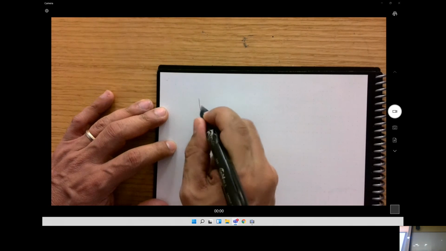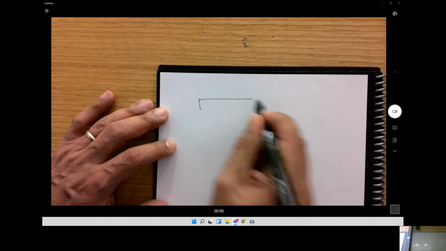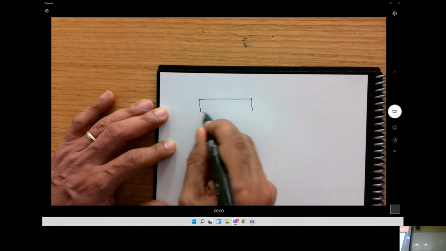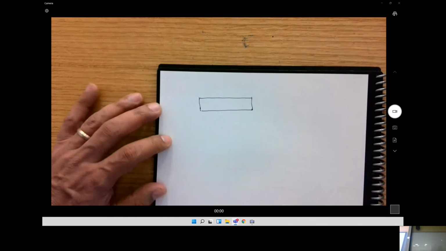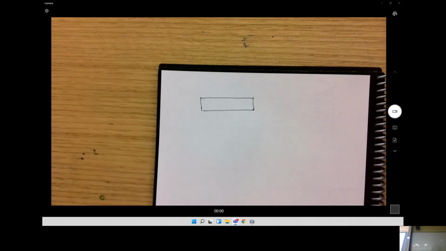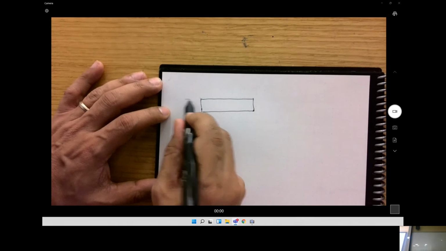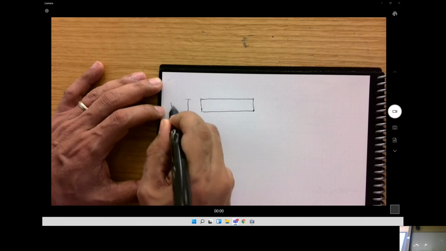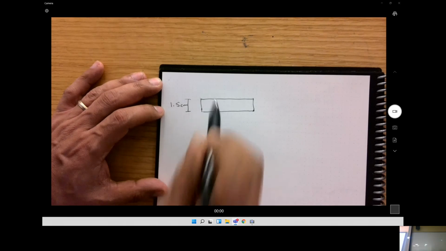A very simple way to measure the refractive index of materials is just imagine that you have a slab, a piece of acrylic or a piece of glass, and you don't know exactly what kind of material it is. But you can measure the thickness of the material. So let's say that this particular material is 1.5 centimeters.